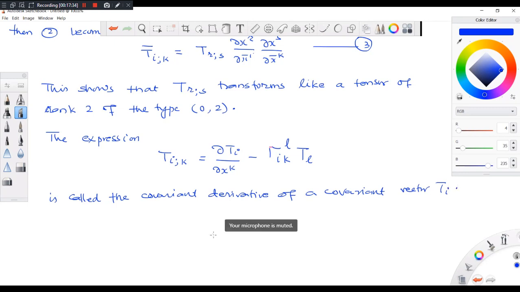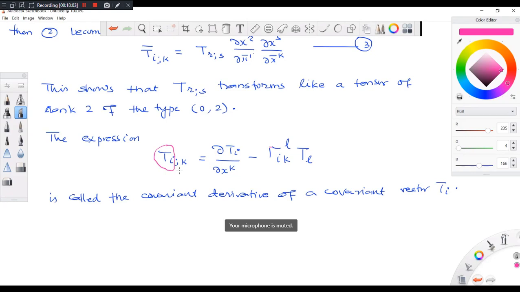So now you look, why is this called a covariant derivative? So when I have a quantity t_i, remember that this is my t_i. This is a vector and I am differentiating. What kind of differentiation? A covariant differentiation. Okay, why is it called a covariant differentiation?